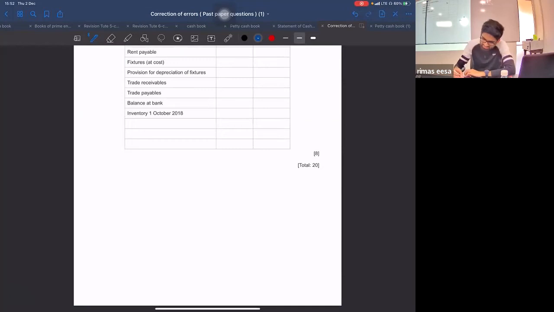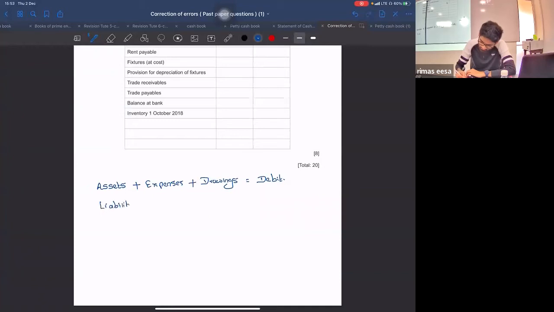I want you to write this and keep. What are the things that come on the debit side? Assets, expenses, and drawings, right? These things should always be on the debit side. These are rules that you need to know before you do the trial balance.